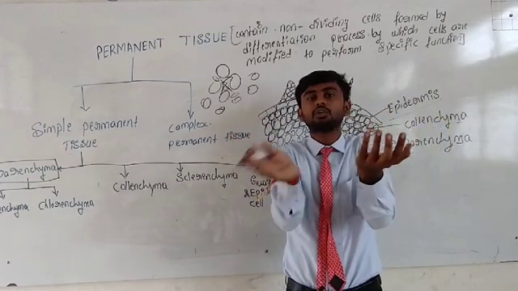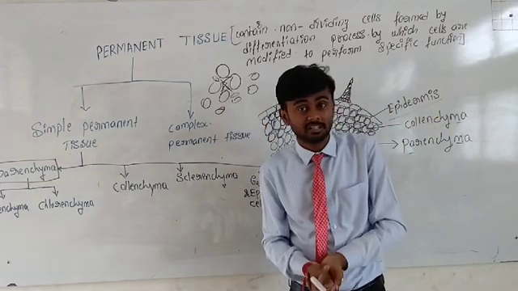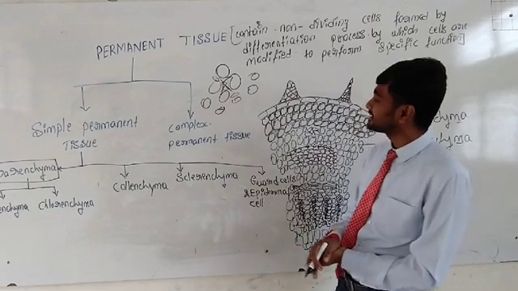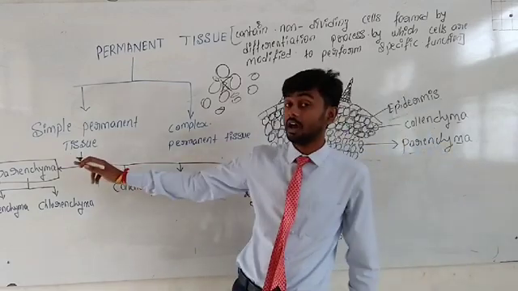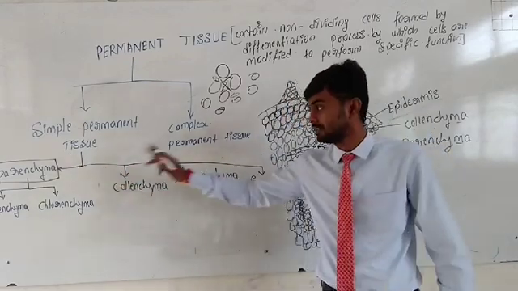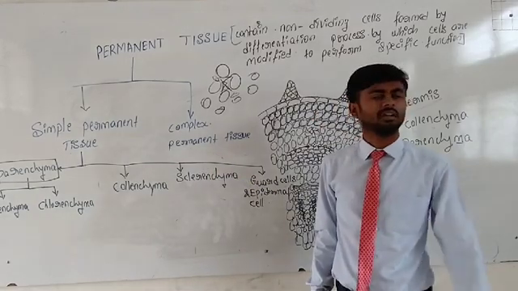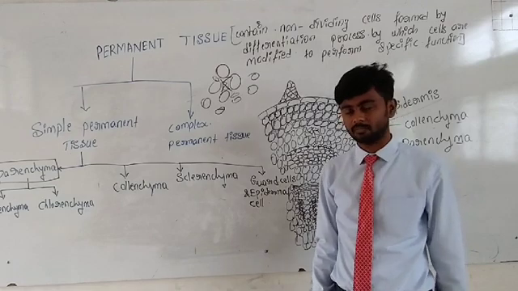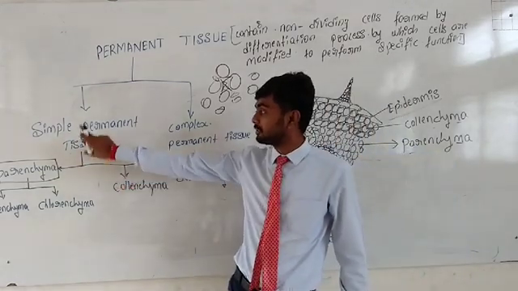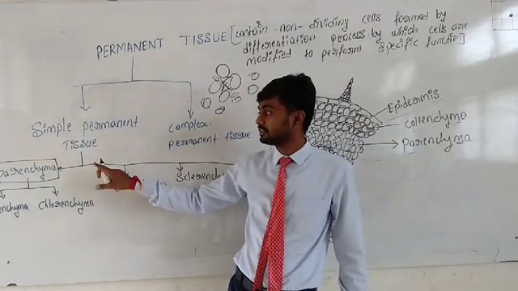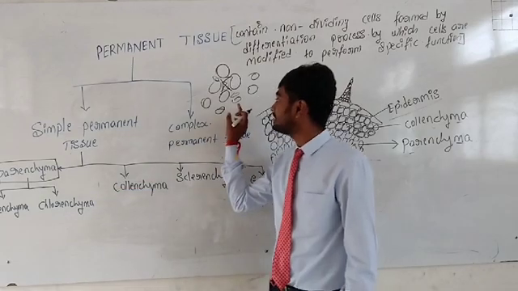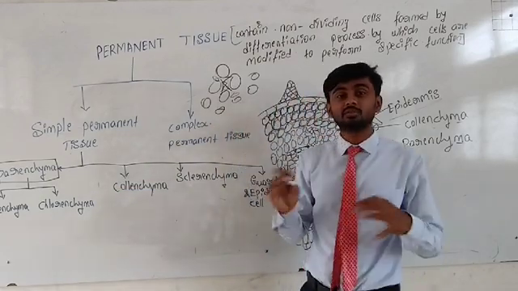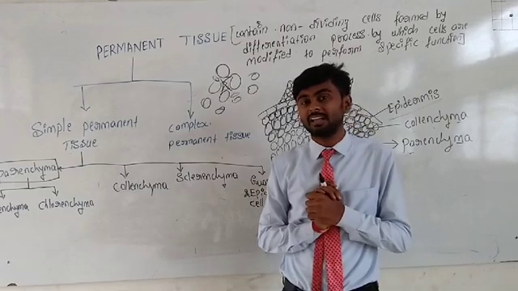That is an intercellular space. A large number of intercellular spaces are present in parenchyma cells. Very important for the annual examination. Parenchyma is a type of simple permanent tissue, and it has a space between two cells that is called a large intercellular space.